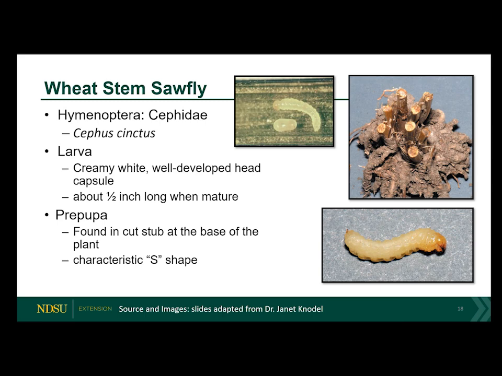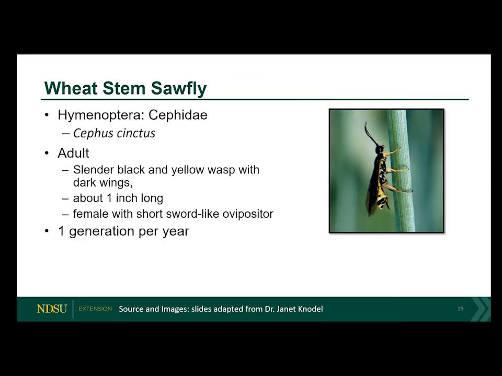When we cut open the stems, we can see the pre-pupae in there, and it has more of that S shape.